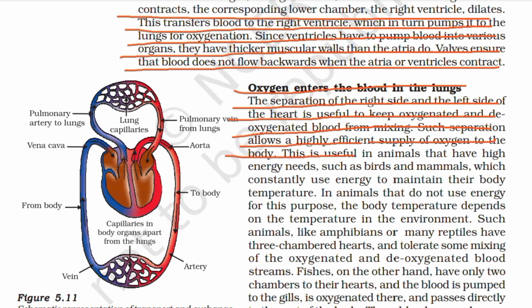This is useful in animals that have high energy needs such as birds and mammals, which constantly use energy to maintain their body temperature. In animals that do not use energy for this purpose, the body temperature depends on the temperature in the environment.